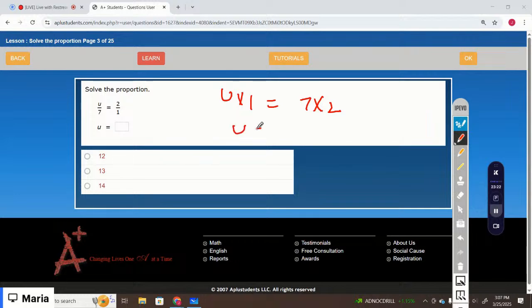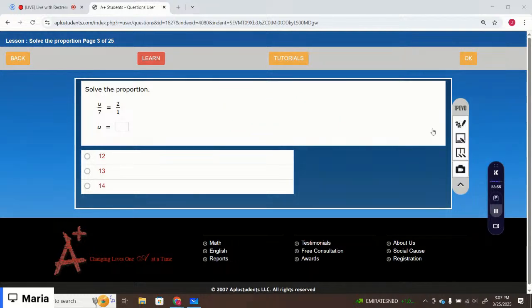So 7 times 2 is 14. So u equals 14. Option number 3 is the correct option. 14 it is.